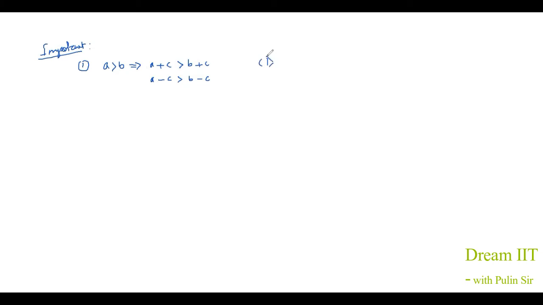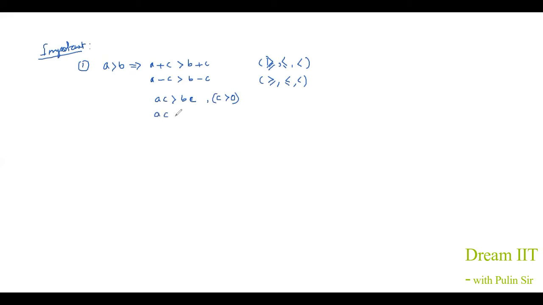I have written the inequality only for greater than, but it is equally true for all the others. Then in this case I can also write AC is greater than BC, provided, remember, this multiplier is positive.